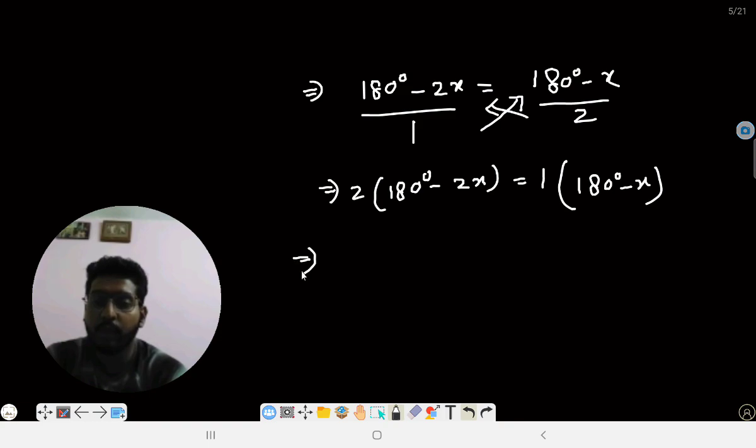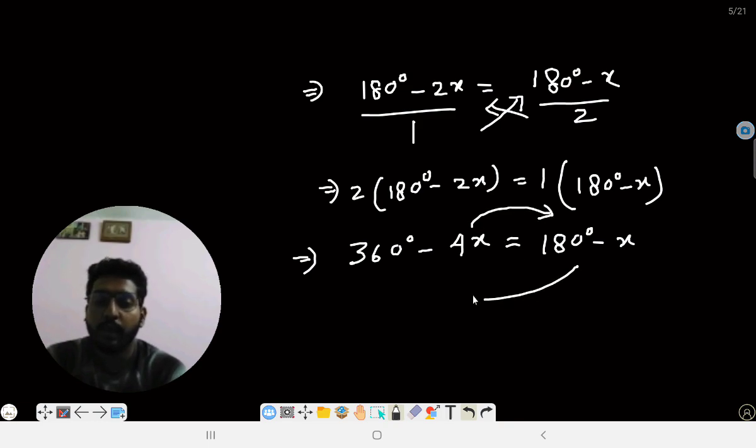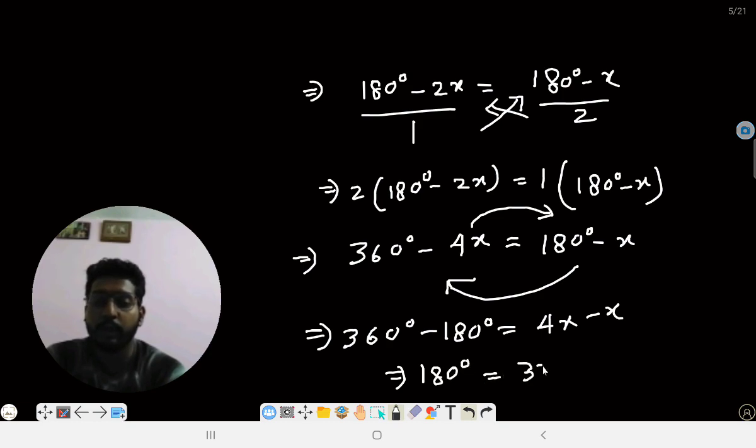So multiply this: 360 degrees minus 4x, and here it is 180 degrees minus x. Minus 4x will come here and 180 degrees will come here. That means 360 degrees minus 180 degrees equals 4x minus x. So that will be 180 degrees equals 3x.